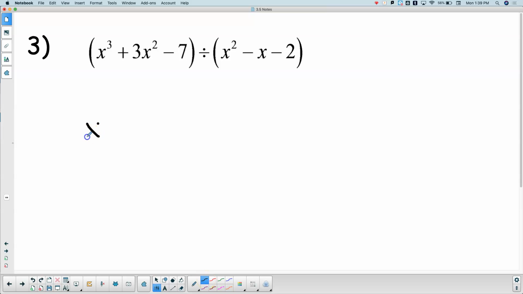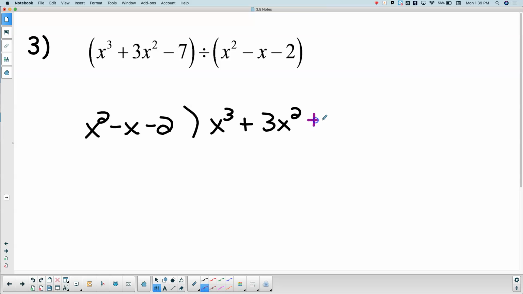Setup, same. It's all about the first, right? How do I make x squared become x cubed?